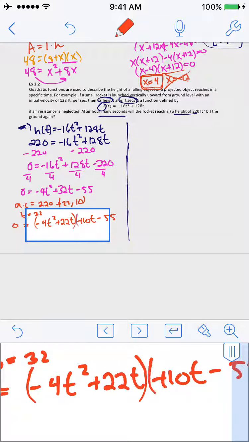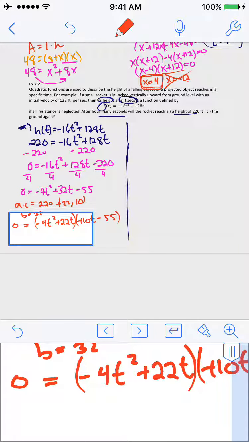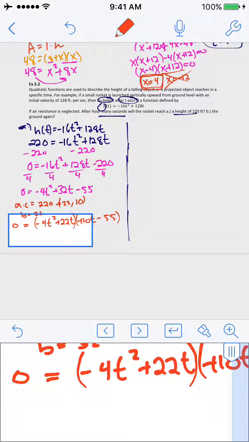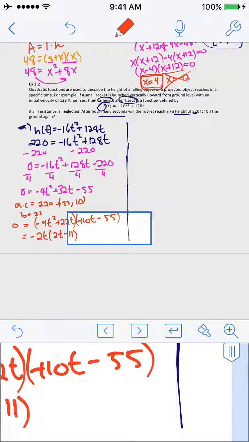Factor by grouping. Okay, 4 and 22 have at least a 2 in common, right? And I'm going to make it a negative, because why not? Equals negative 2t. I'm left with 2t minus 11. Over here, these guys have a positive 10 in common. I'm sorry. They don't have a positive 10 in common.